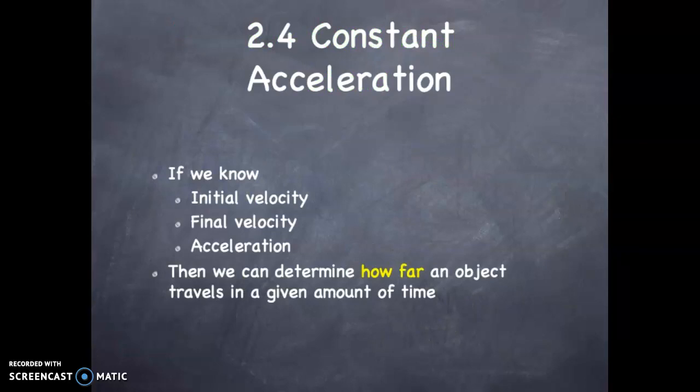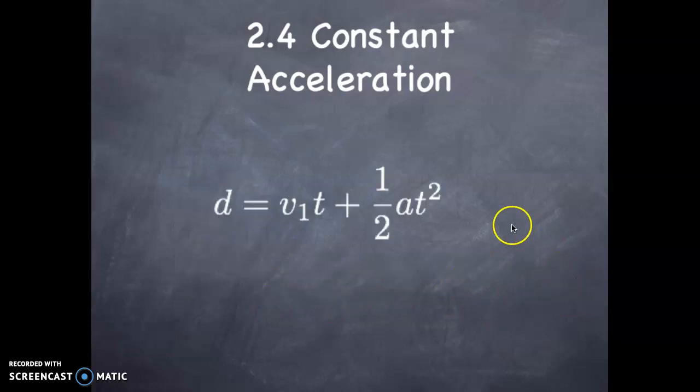Okay. Acceleration then, as we say, if we know the initial velocity, the final velocity, and acceleration, then we can also determine how far an object travels in a given amount of time. One more equation, and this is the equation here. Distance, d is distance, is v1 times t plus 1/2 a t squared.